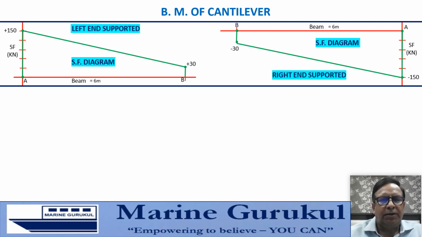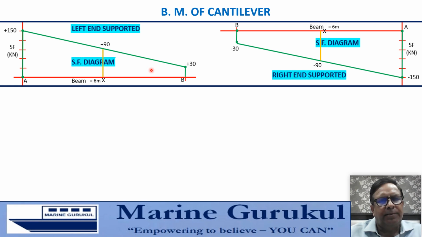Just for the convenience of shaping the BM diagram, we pick up one extra point midway between A and B in each of these diagrams. We have taken point X here, and SF here would be the mean of 30 and 150, that is plus 90. Likewise, we take X out here, and here it will be minus 90.